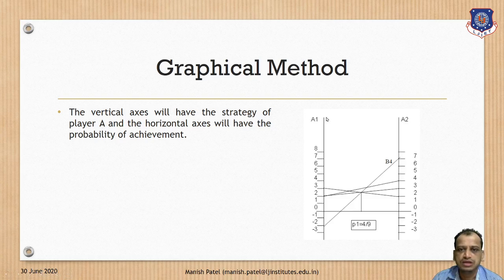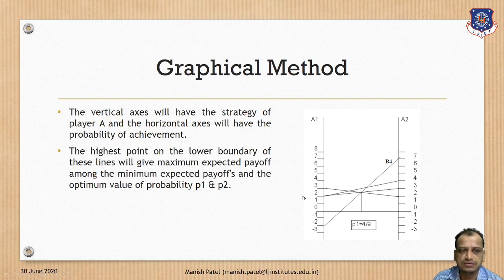Here, if you see, the vertical axes are the strategies A1 and A2, the courses of action of player A. Clear? The horizontal axis shows the line equations we found for B1, B2, B3, B4, likewise. We will see the example and you will find out.